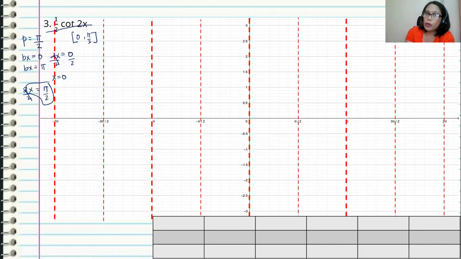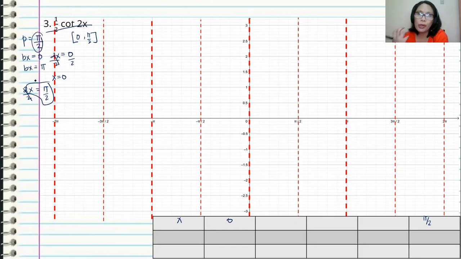So the next thing that we're going to do is to come up with the x values. So we begin with x here. We'll begin with 0 and we'll end with pi over 2. And then this period pi over 2 will be divided by 4.